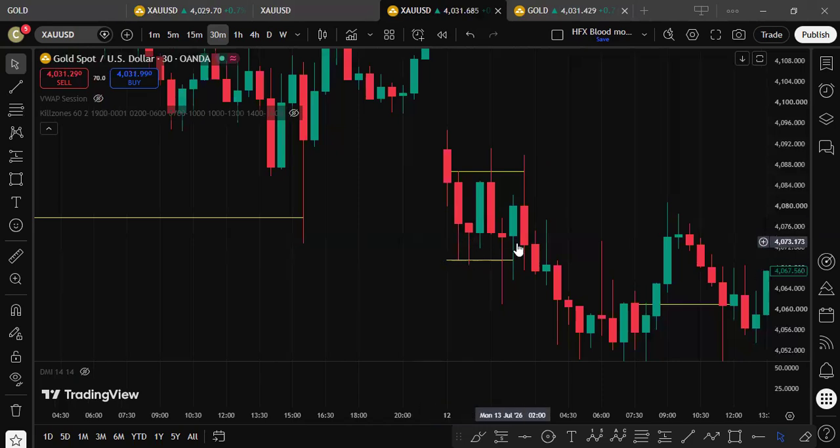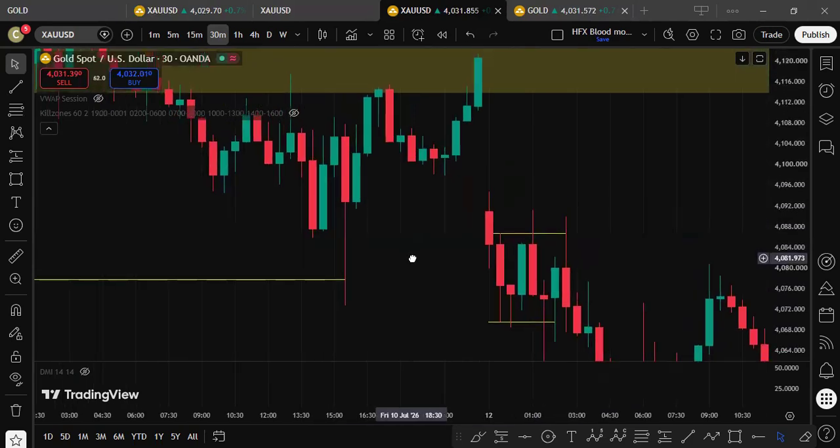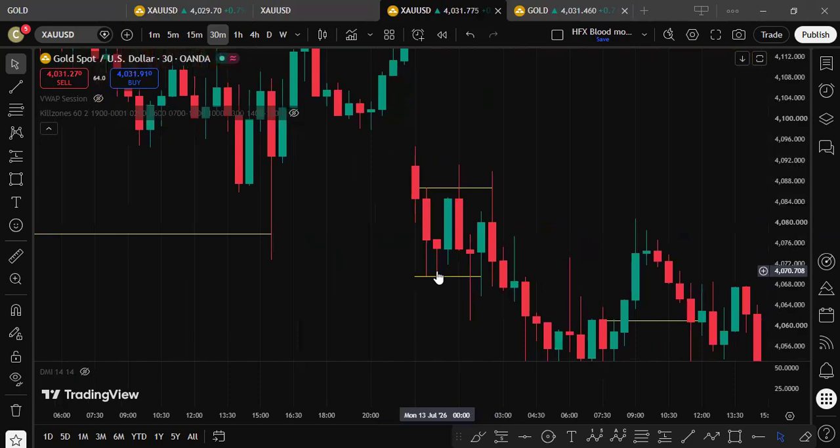Sometimes the best reaction is having another wick above, but let's work with this one. Perhaps I can still look for another entry, but this is what I actually traded yesterday. This was a buy move.